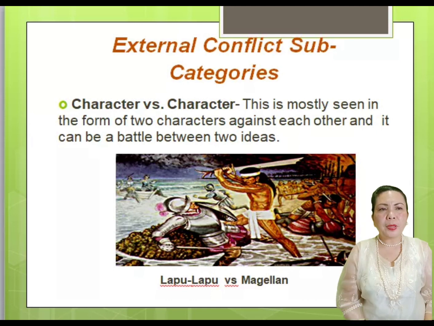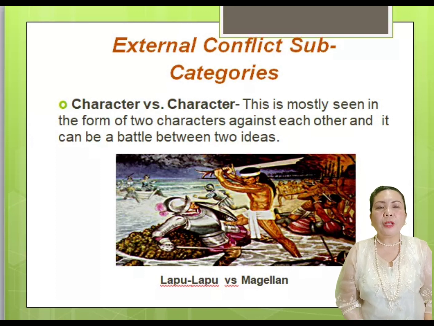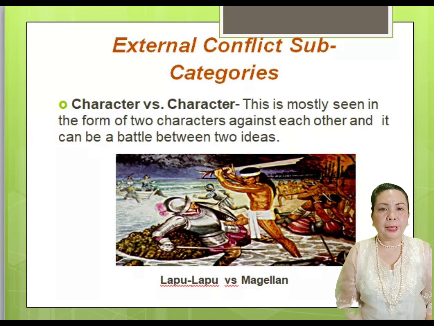A subcategory of external conflict is character versus character. This is mostly seen in the form of two characters against each other, and it can be a battle between two ideas. Example here in the picture is Lapu-Lapu versus Magellan.